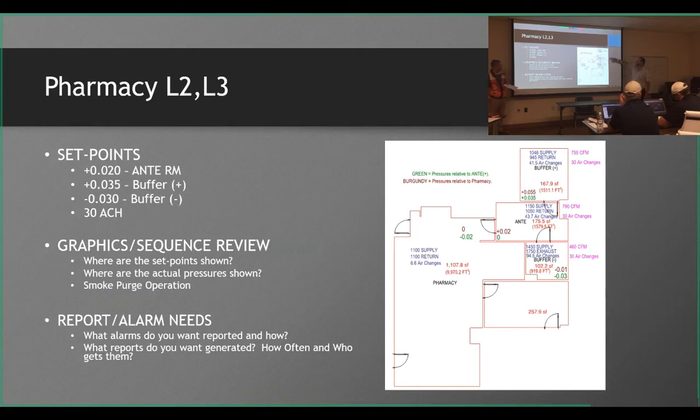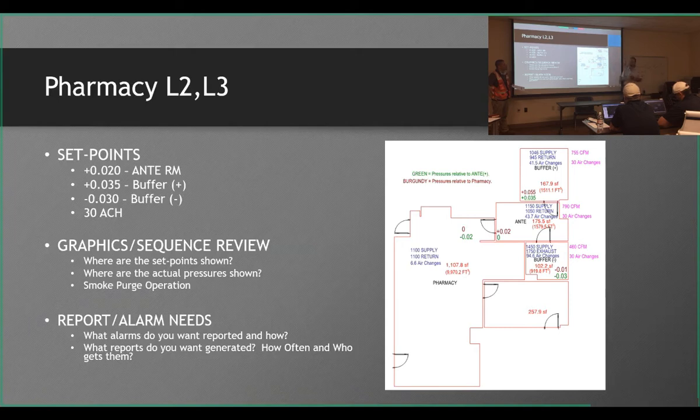If you notice, Joe's got some numbers on here. These are original design numbers. These air changes. If you go and look at the set points that are actually on the graphics right now, it may not be 1046. It's going to be somewhere in between here is where we ended up balancing. We've got as many air changes as we could to control the space, as many or more than what's required for the space, but it may not be exactly this 1046.